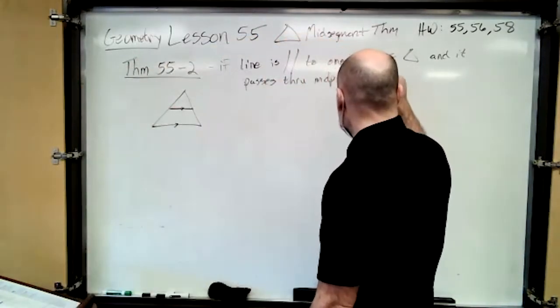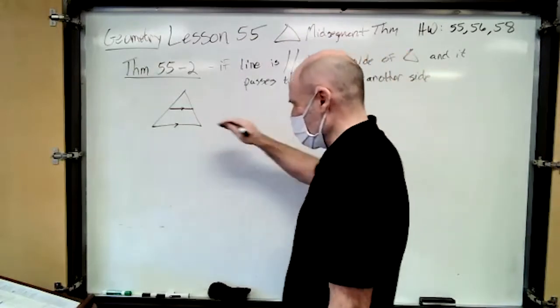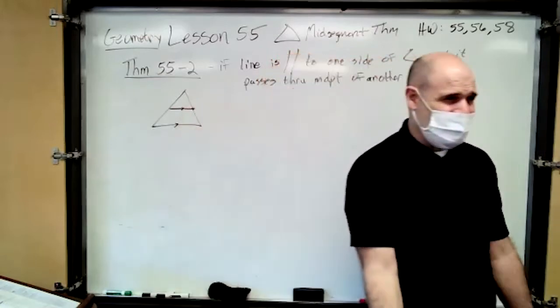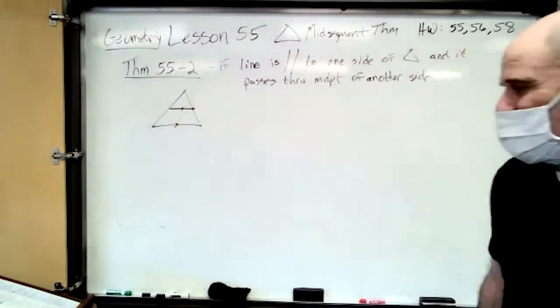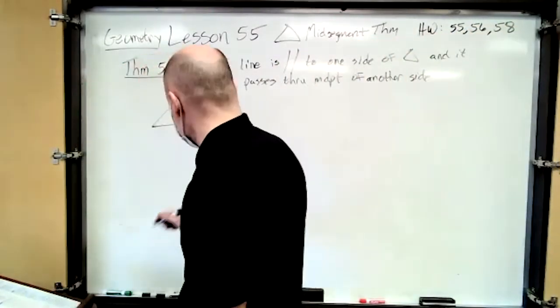So it doesn't even have to say both sides, it's just another side. So if we know it's parallel and it passes through the midpoint of that side, then we can say this. Then it passes through the midpoint of the third side.